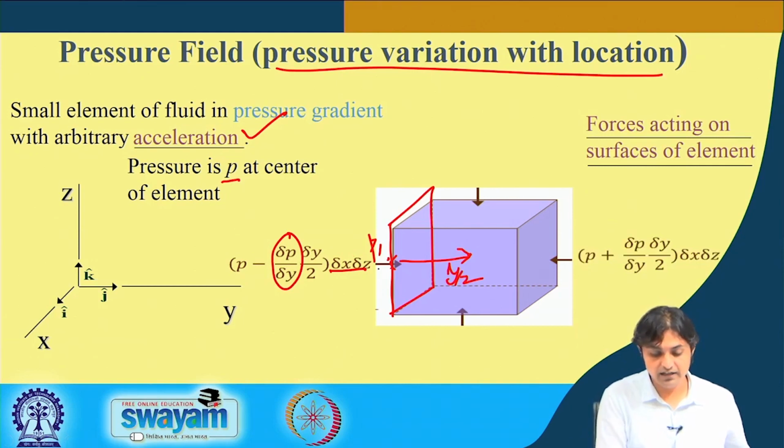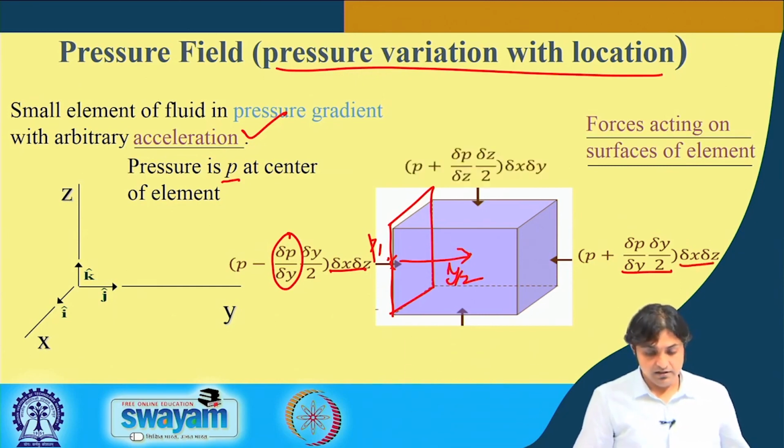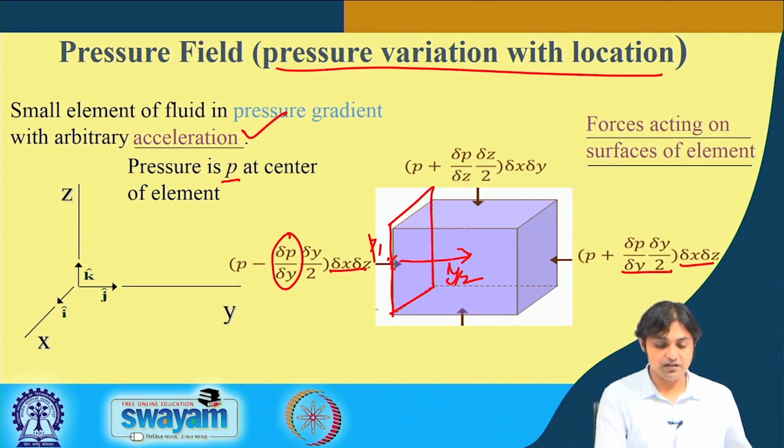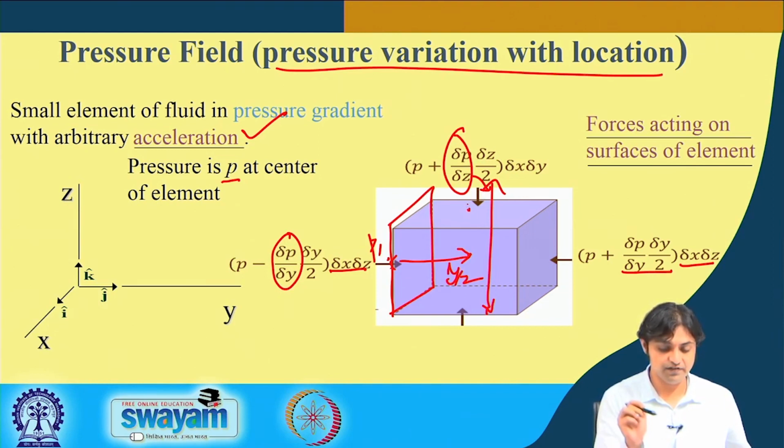Similarly, on the other side, the pressure is P here and the gradient is subtracted when we are going backwards, so it will be added when we are going in the forward direction, multiplied by delta x into delta z. Similarly, for this surface, because this is the z direction, it will be delta P by delta z, with the same principle multiplied by delta z by 2 to have the total pressure at this surface, and overall multiplied by area.